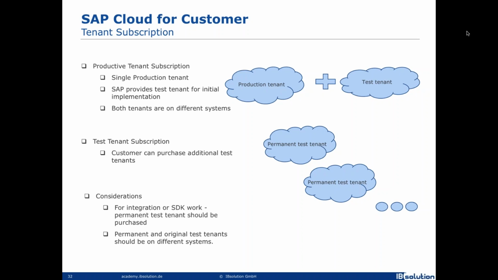If you plan to have integration, once again you will have to purchase an additional test tenant. So integration scenarios and scenarios which involve development will require at least one additional test tenant. But as a minimum, as part of your basic subscription, you get two tenants, a test tenant and a production tenant. And if you want, depending on your needs, you can purchase additional test tenants.